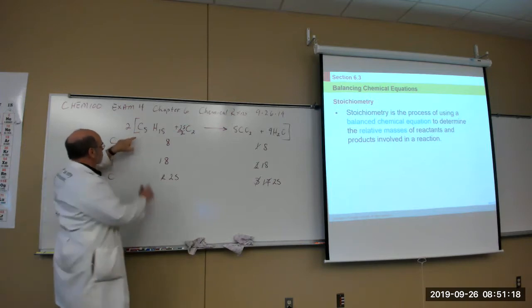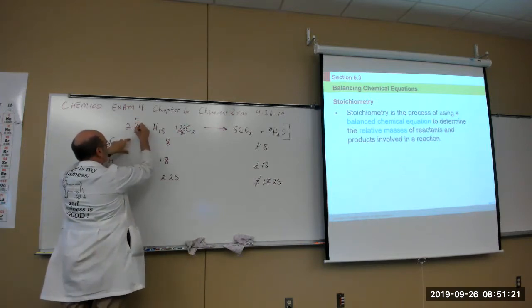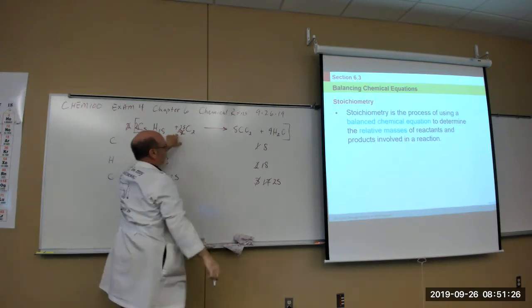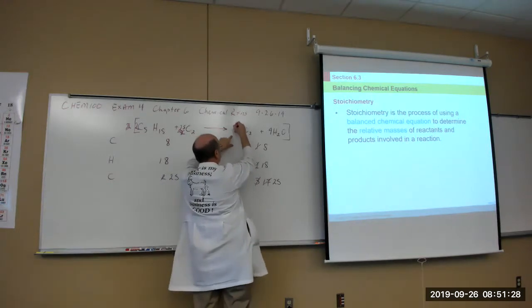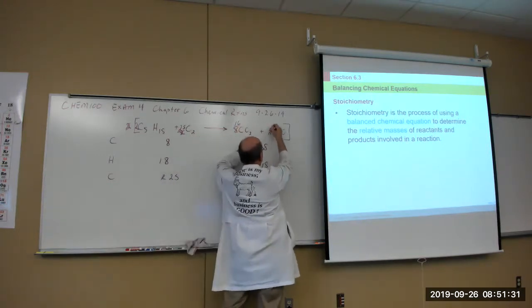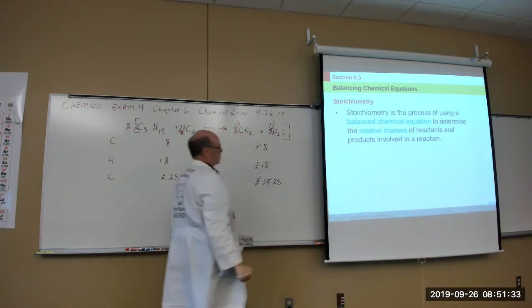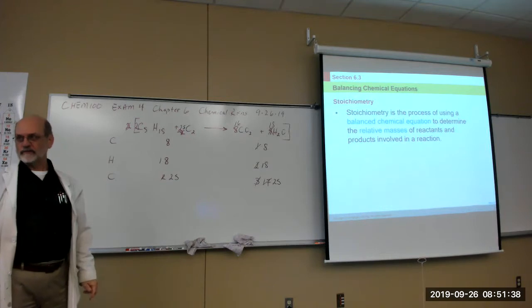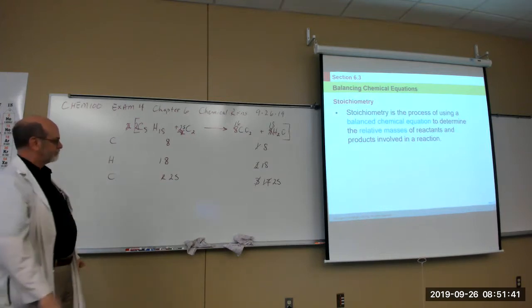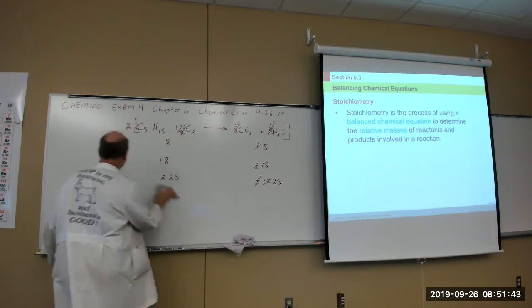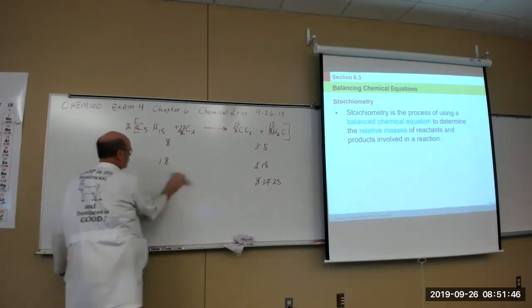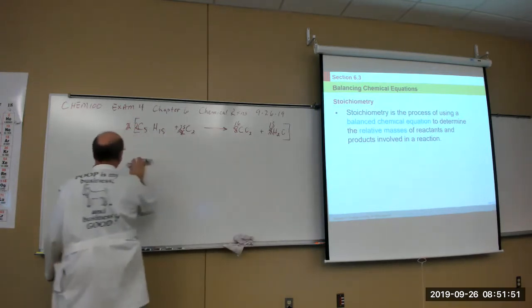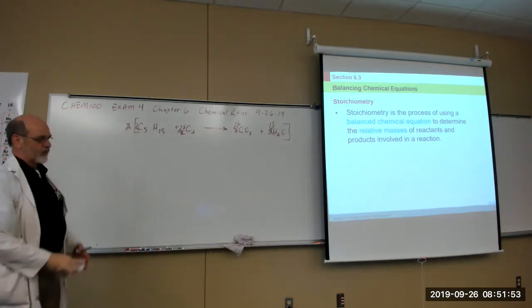So 2 times this one would be 2. 2 times this one would be 25. 2 times this one would be 16. 2 times that one would be 18. Okay. Now we're balanced with the smallest whole number. And then you can clean it up if you want to.